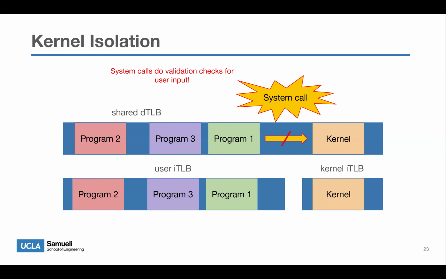Normally, because we have this split TLB for the instructions, the system call is still going to do validation checks for the data TLB, so we can't directly put a kernel address into the system call. But there's still a workaround for that, and that would be the transient execution, right? Because the address is still going to be left in the TLB during that transient execution.